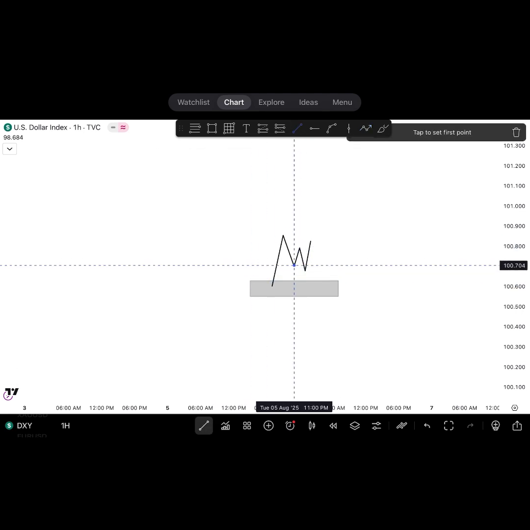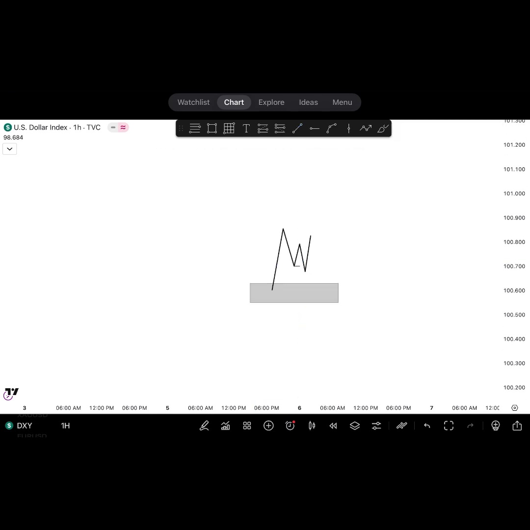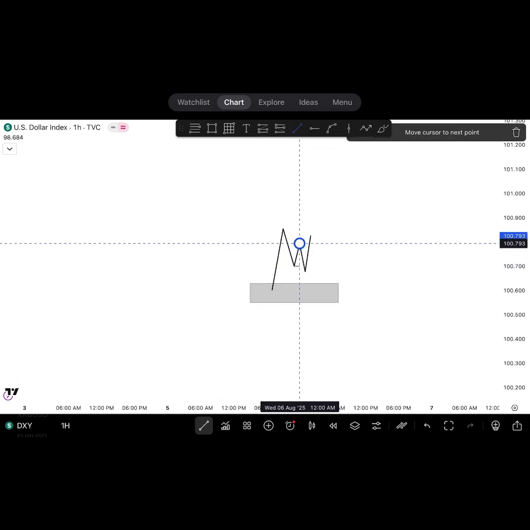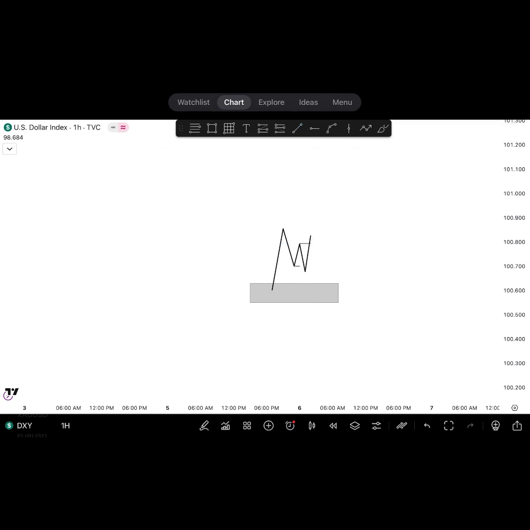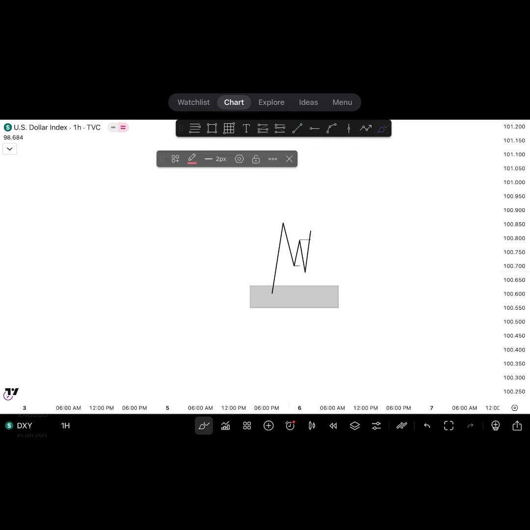In this case, this is the liquidity price swept to the left before what? Before breaking this structure. Do you understand? Price swept this particular liquidity before breaking this structure. So always take note of that.